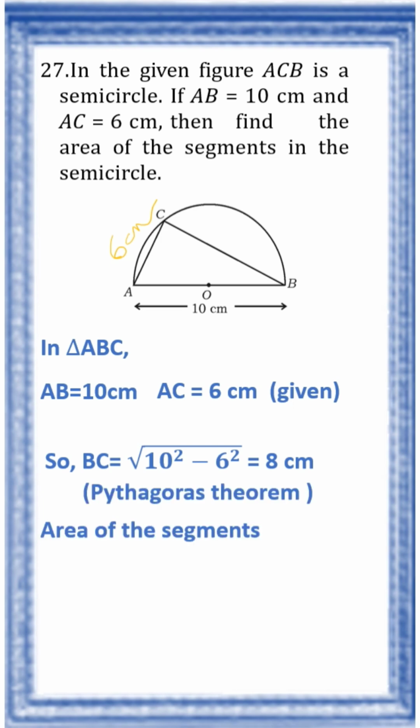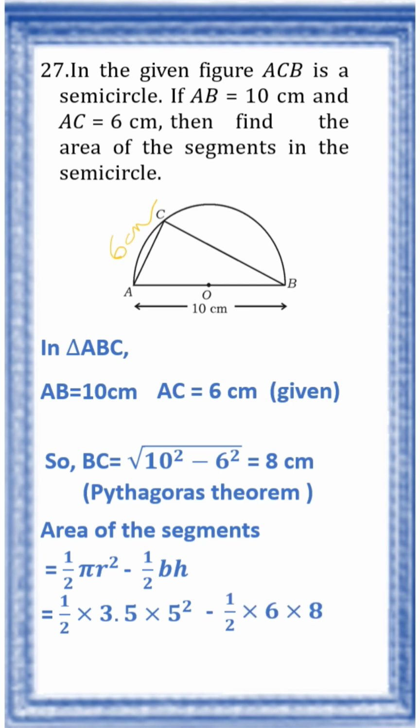Okay. Area of the segments. You know, half pi r square minus half into base into height. Isn't it? Pi is 3.5. Take it like that only. If you have taken 22 by 7, 7 is not getting cut with any other numbers here. You have to think in that manner also.